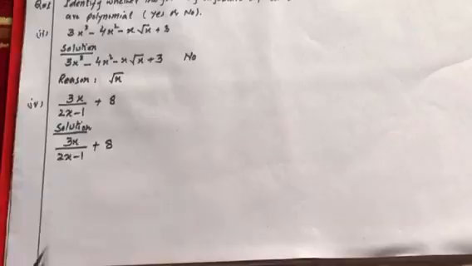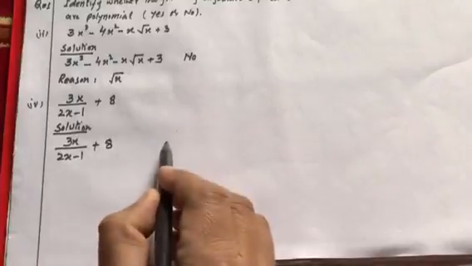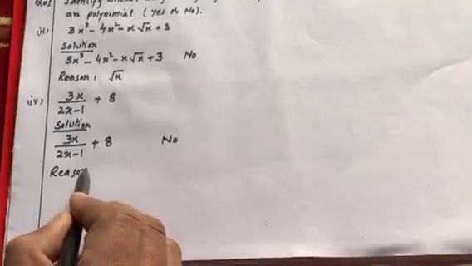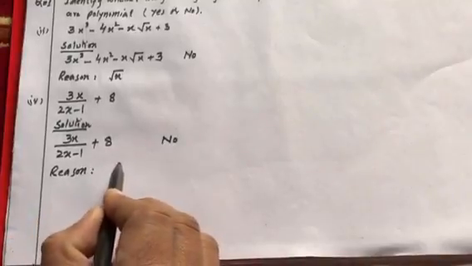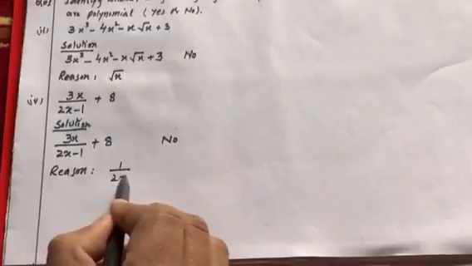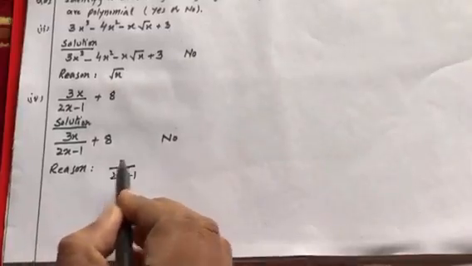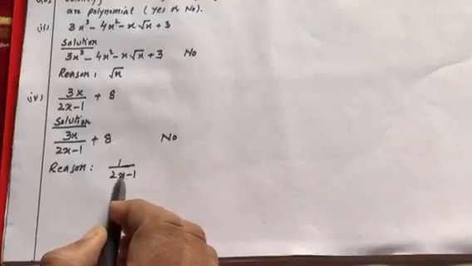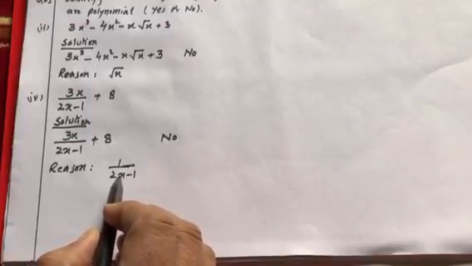If we observe this algebraic expression, the variable is in the denominator, so it is not a polynomial. So the answer is no, and the reason is 1/(2x − 1). The variable is in the denominator, so it will not be a polynomial.